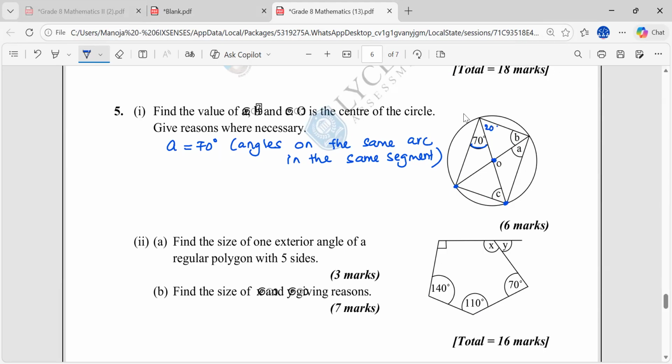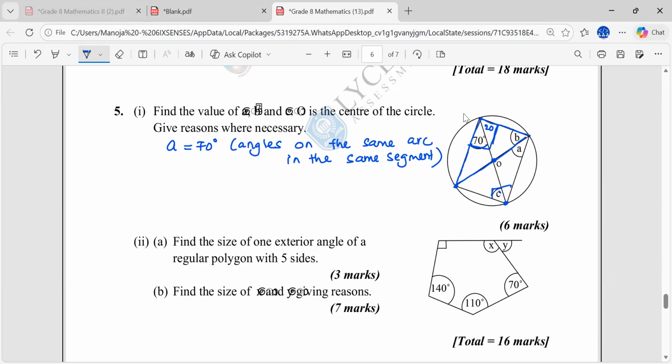Why this should be 20, children? This is the diameter, and this one should be the 90 degree. So then this should be 90. And this one also should be 90. And then you can see if this is 90, right?